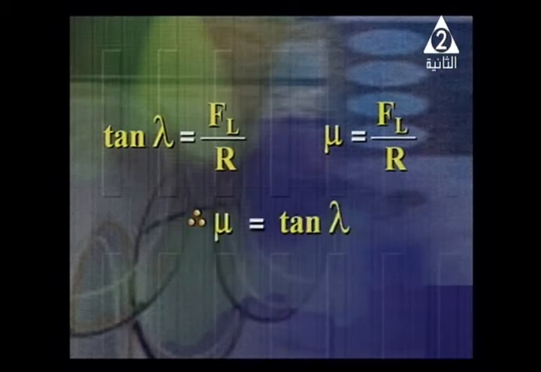Tan lambda equals F over R. Remember, mu equals F over R. What do you deduce, dear student? Tan lambda equals mu. When we find the coefficient of friction, we find tan lambda, the tangent of the angle between the normal and the resultant reaction.